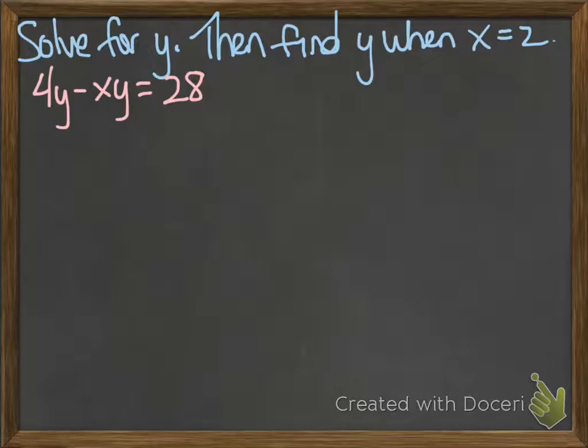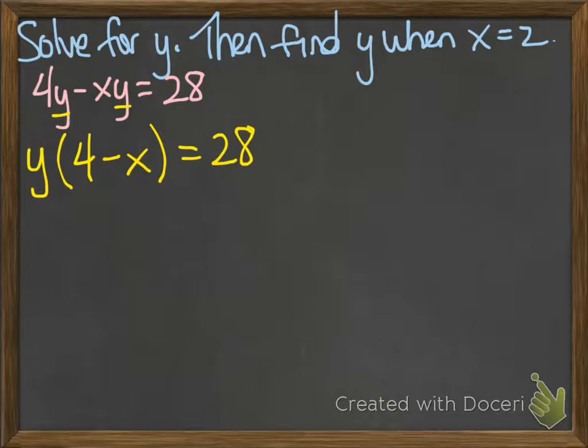So again, since we have two y's on the left-hand side, we need to factor out or use the distributive property backwards. So if I take that y out of both terms, I would be left with, in my parentheses, 4 minus x equals 28. And again, I'm going to divide both sides by what y is being multiplied by.